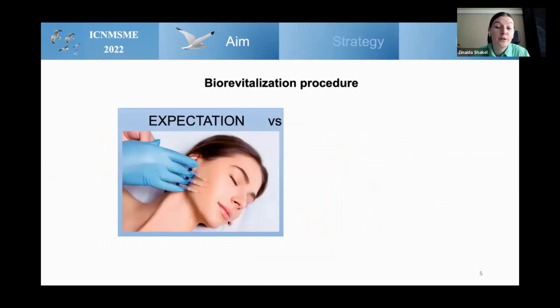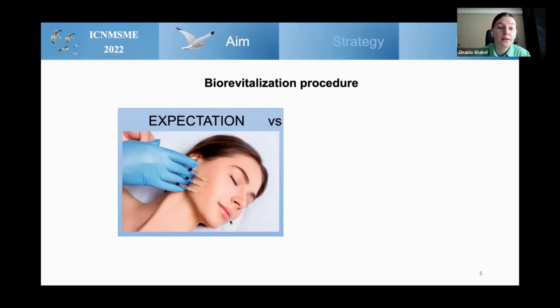Also, there is a possibility to cross the stratum corneum with microinjection. You can find on the beauty market a specific procedure called biorevitalization, whose primary purpose is delivering an active ingredient, mostly hyaluronic acid, into the skin to improve its appearance.